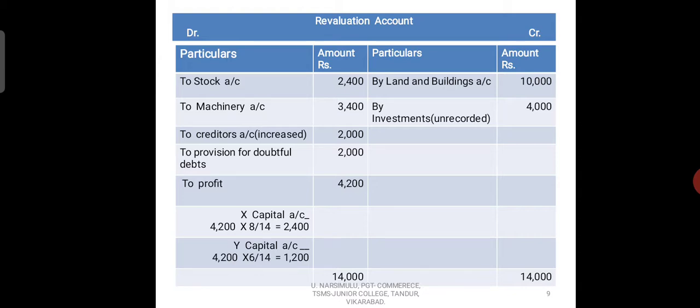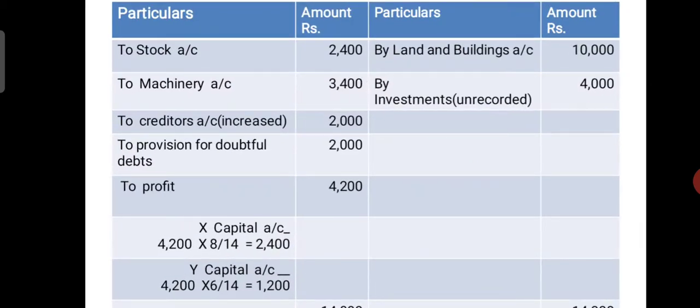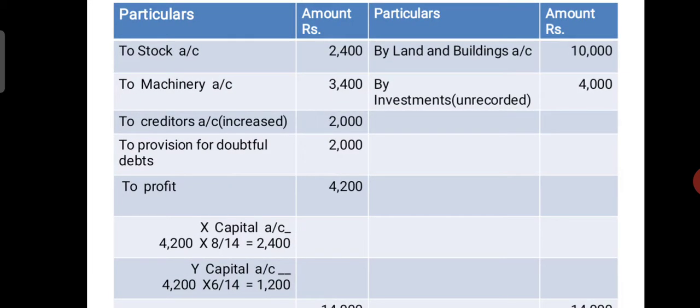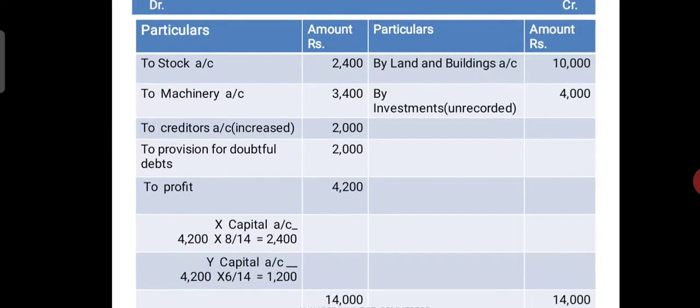See here, revaluation account. In the revaluation account, we have to post the information which we wrote in the journal entries. So land and buildings increased amount, credit side we have to show, that is rupees 10,000. Similarly, increase in the value of assets when we recorded unrecorded investments, that increases the total assets.